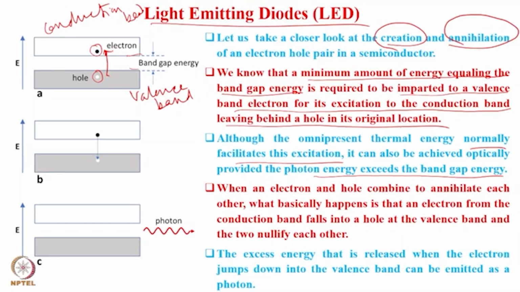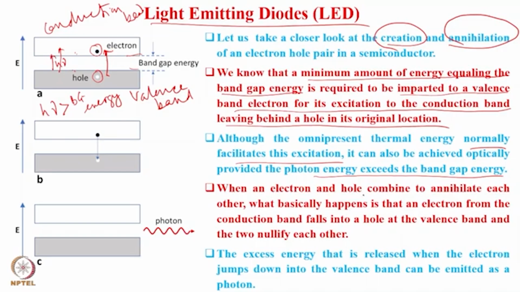If the photon's frequency is such that its energy, hν, exceeds the band gap energy, then the electron can absorb this photon, and as the photon's energy exceeds the band gap energy, the electron can cross over from the valence band to the conduction band by absorbing this energy.